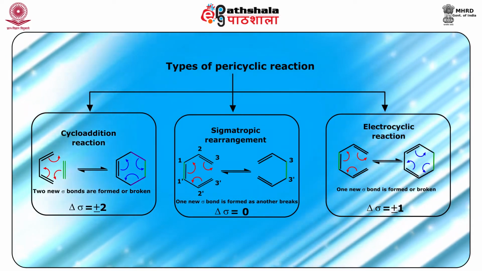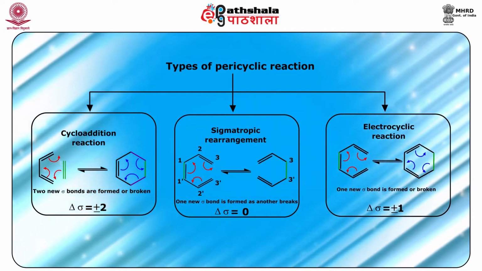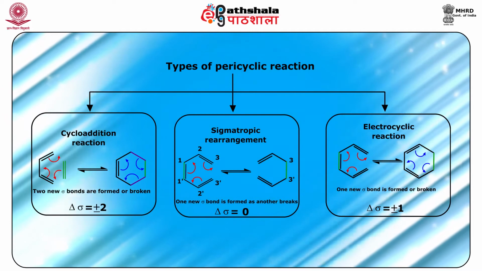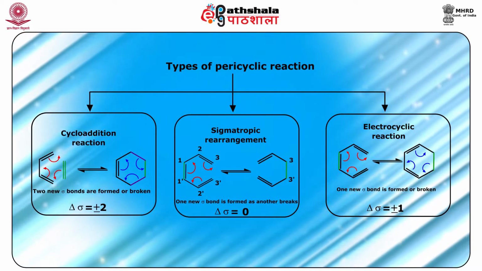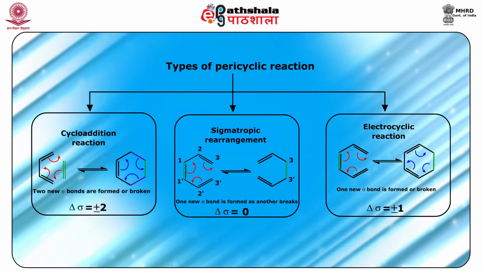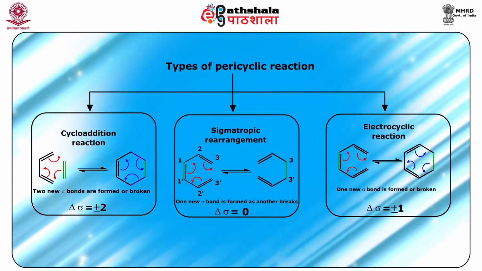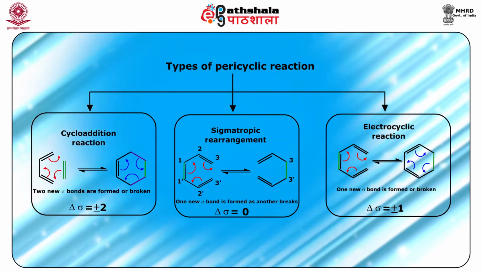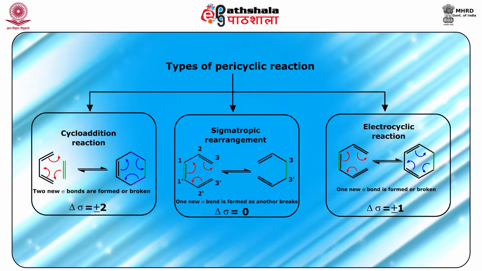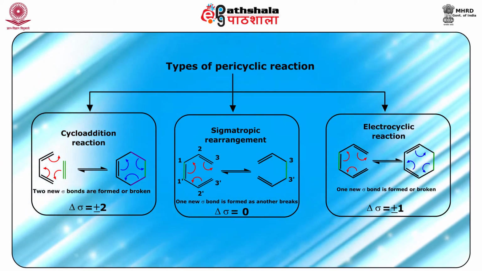We start with cycloaddition reactions. The red arrows show us bond making, that is, a sigma bond being made, and the blue arrows show us bond breaking, whereas the sigma bond would break into and form new pi bonds. That is to say, 2 new sigma bonds are formed or broken, so that delta sigma is equal to plus or minus 2.